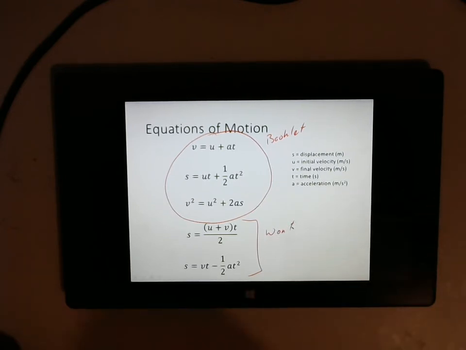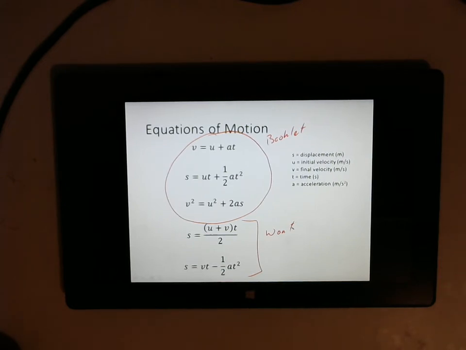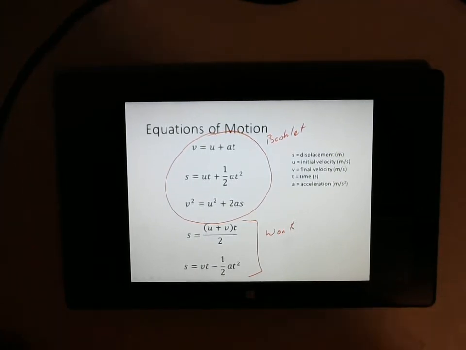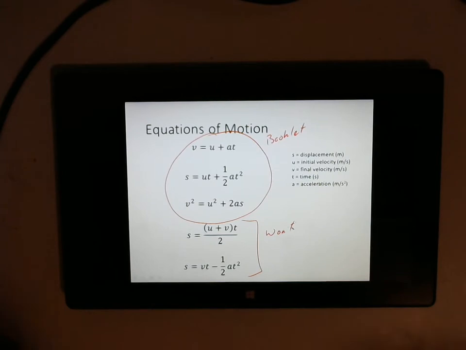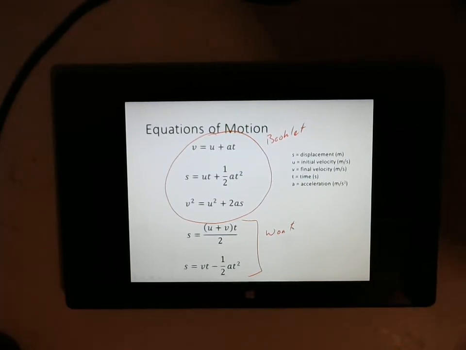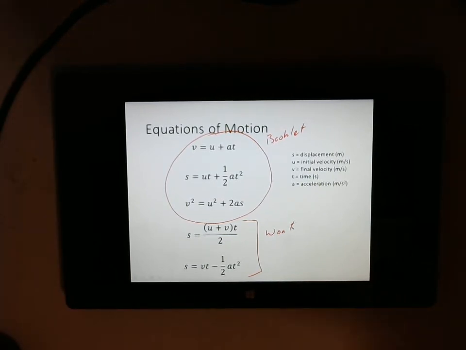Okay. Now, I've been told by QCAA, if you use those two at the bottom, there are no penalties, so you can use them. However, if you use them wrong, for example, maybe using equation 4 there, S equals U plus V over T, times T divided by 2.